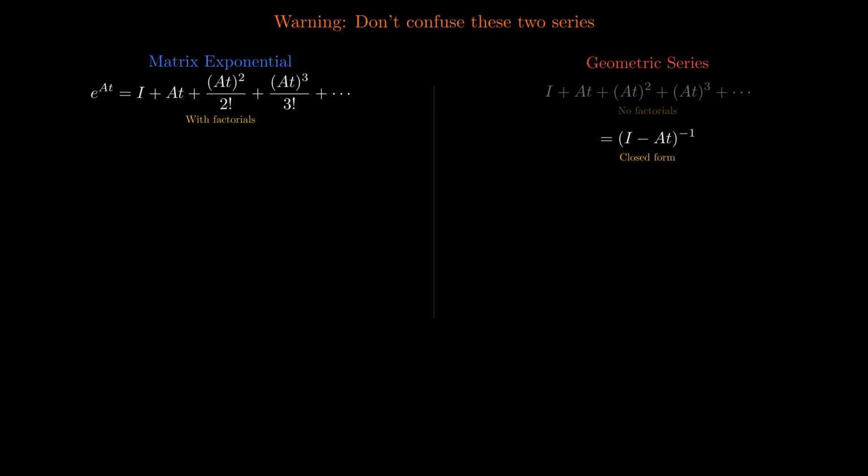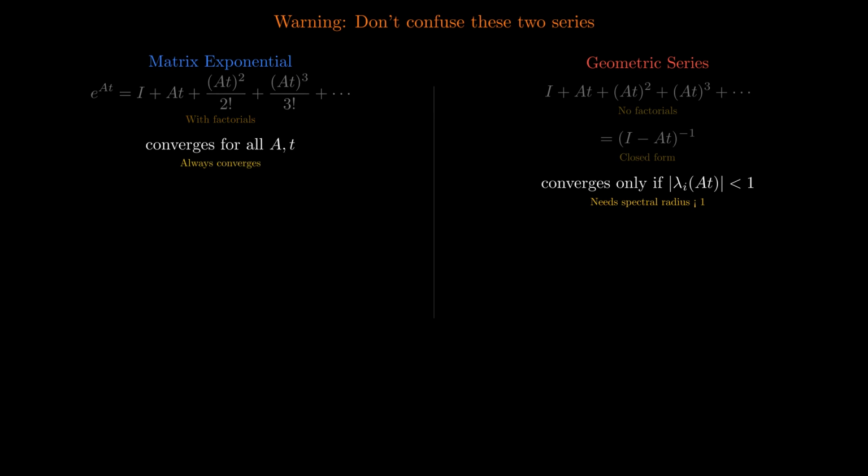Without factorials, the terms can blow up. This geometric series converges only when every eigenvalue of At has magnitude less than 1. By contrast, e to the At converges for every matrix A and every time t. The factorials save us because n factorial grows faster than any power.